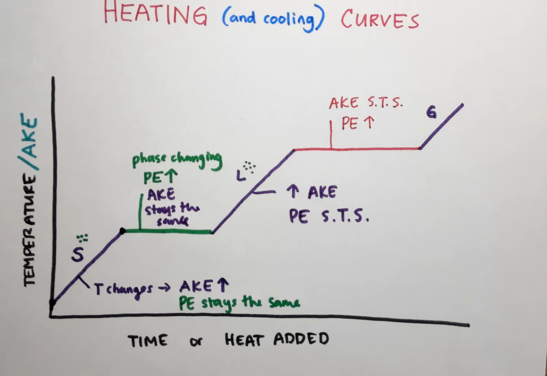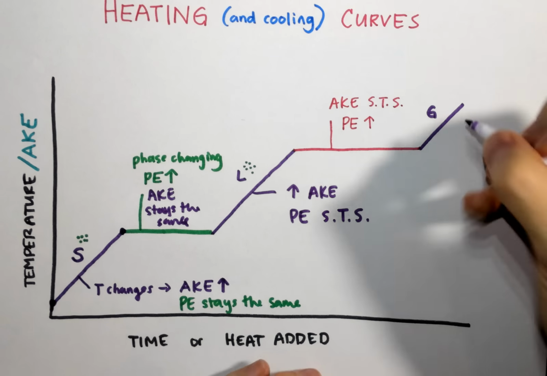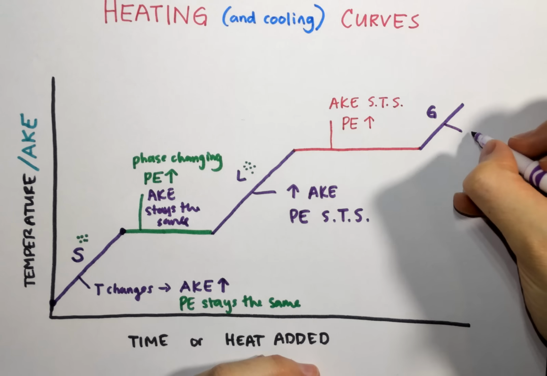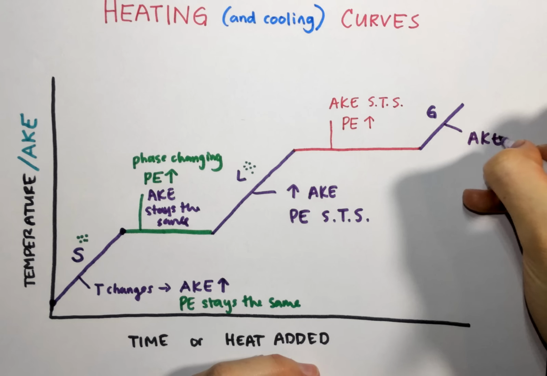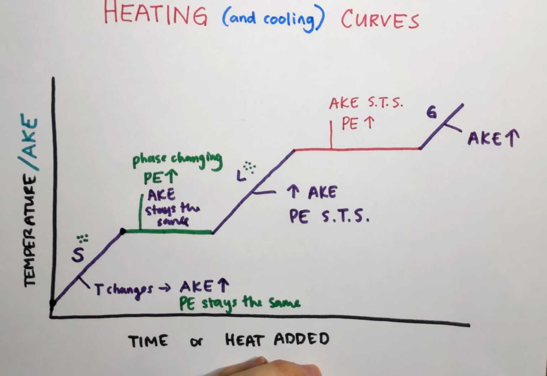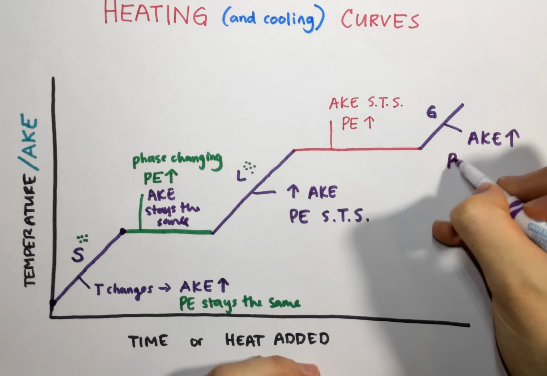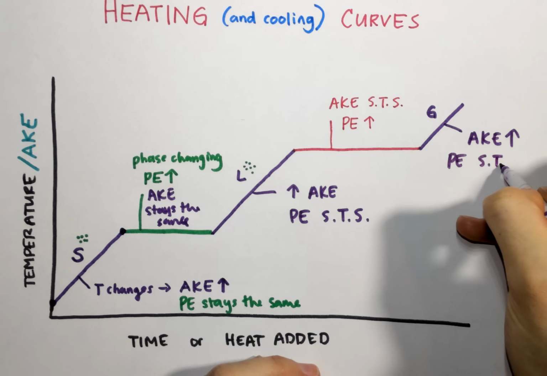And last but not least, just like every other slanted line, when this substance is a pure gas, its temperature is increasing, so average kinetic energy must increase. And if it's the kinetic energy that's increasing, our potential energy must stay the same.